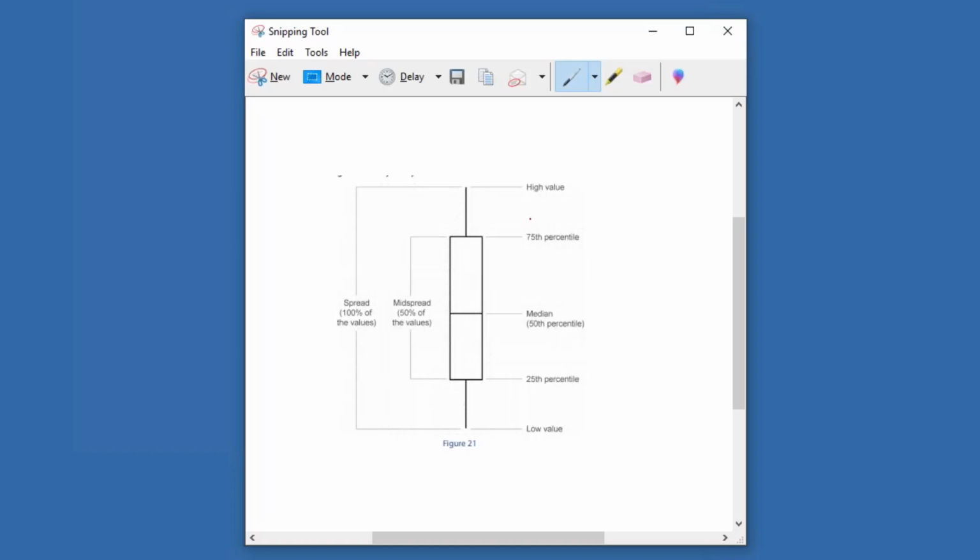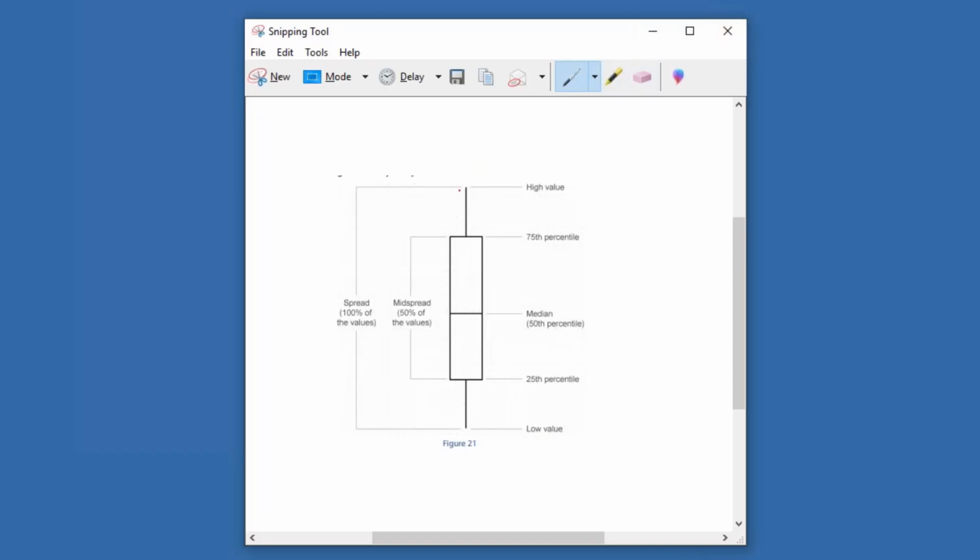If you have some very high values or very low values, that mean or that average can get skewed, and so it's not necessarily a good measure. And so the median, the 50th percentile value, so 50% of the values are above the median and 50% are below the median, gives us a better sense, I think, of where the middle of the data is. That would be the median.